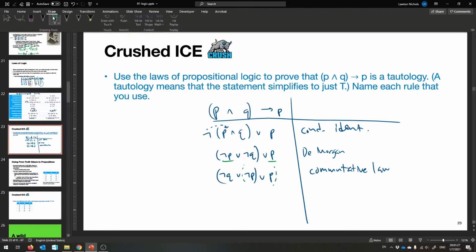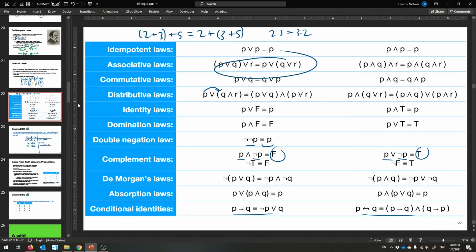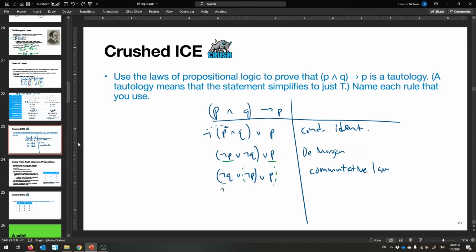So we use the associative law to rewrite those parentheses from left to right or right to left. You can go either way of this equivalence. That's what it means to be an equivalence. So now we have not Q or, we've rewritten the parentheses, not P or P. That is the associative law. So it's like we're relearning algebra for these new operations.